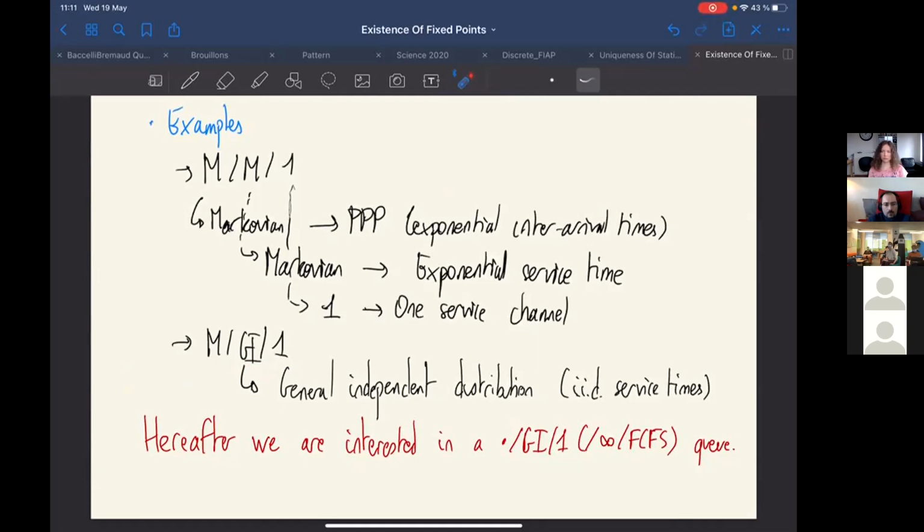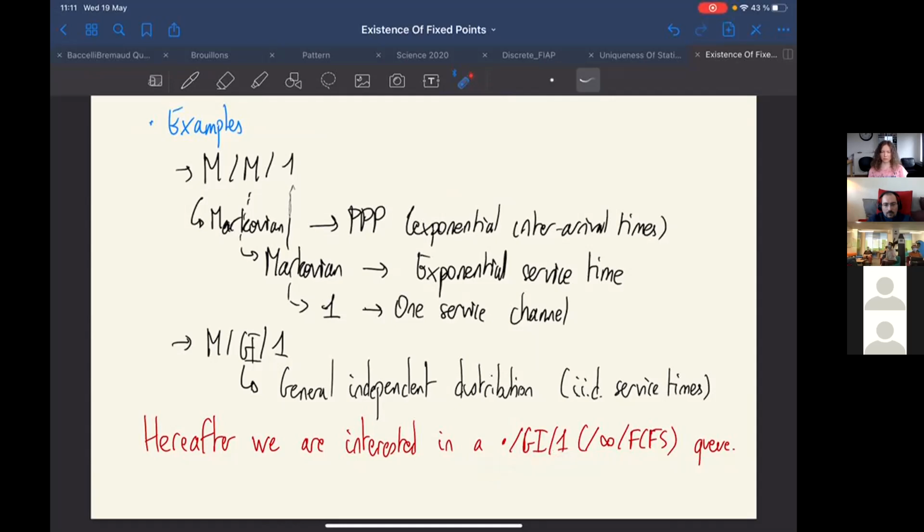It's just fixed, i.i.d. for all of the customers. In what follows, we're interested in a general independent queue. The first G means that we don't assume anything on the inter-arrivals process. We assume that all the service times are i.i.d., and that there is one service channel.